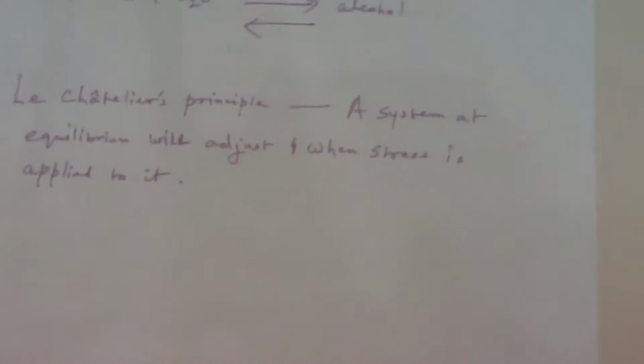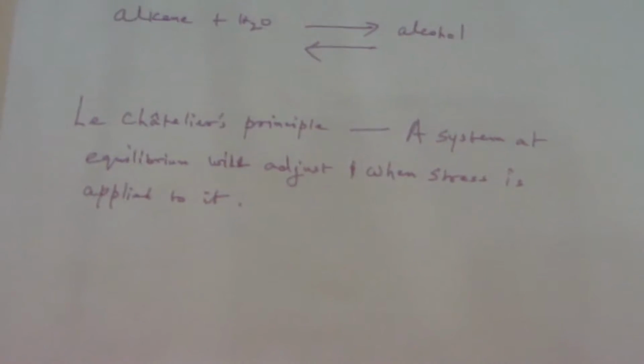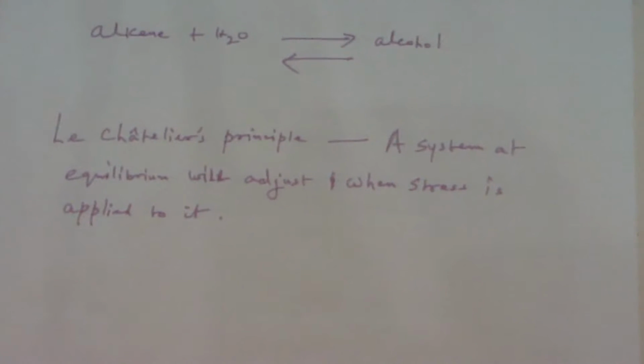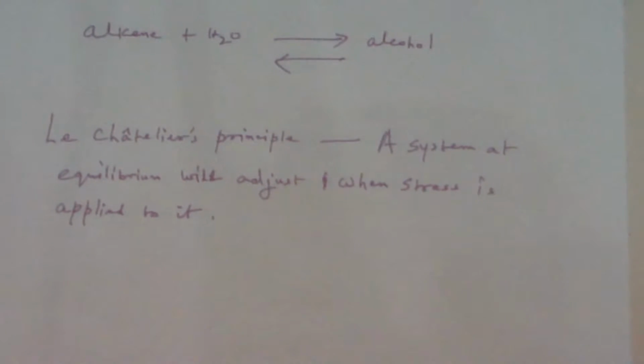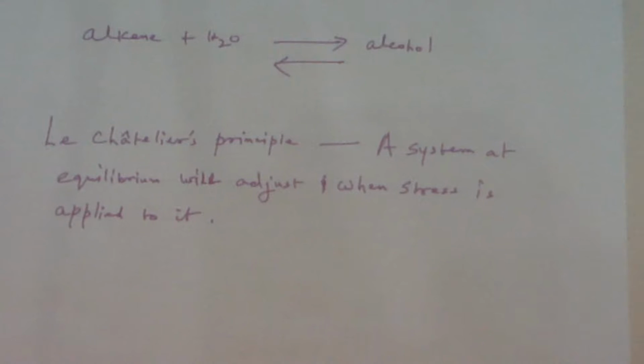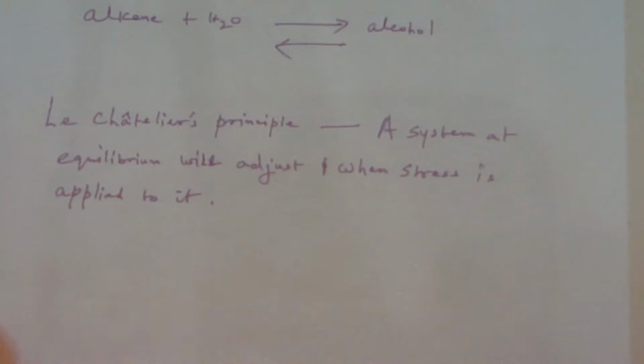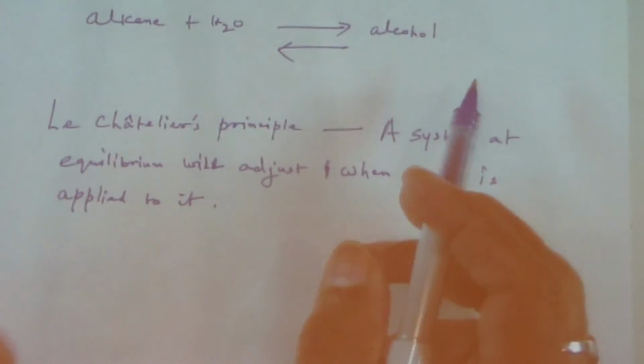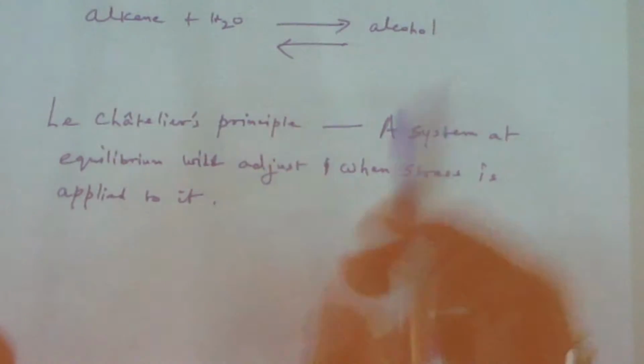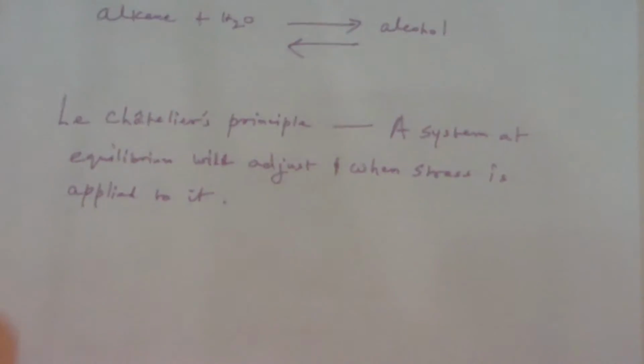And in this particular context, the stress is in the form of water. Okay. If you use concentrated sulfuric acid, water will be taken out. If you use a dilute acid with a lot of water, this is going to go in the other direction, making the alcohol. Okay. And so that's consistent with Le Chatelier's principle that in equilibrium you can actually go back and forth depending on how you're doing it.